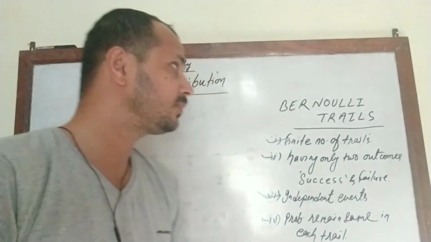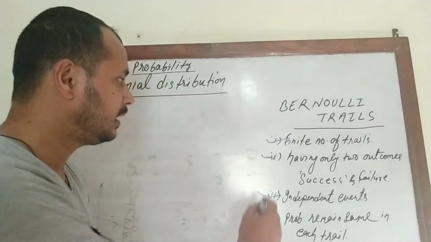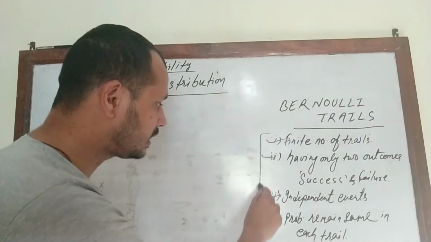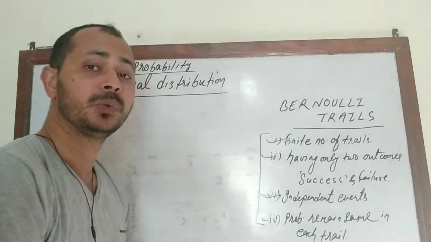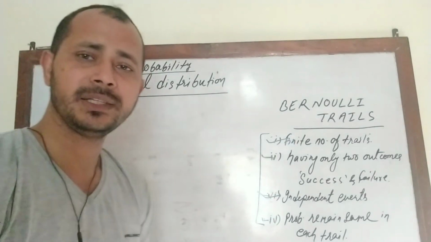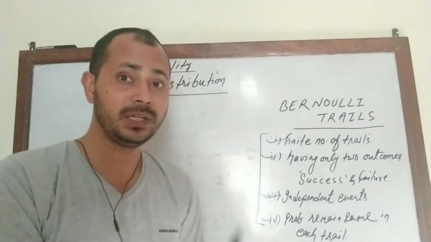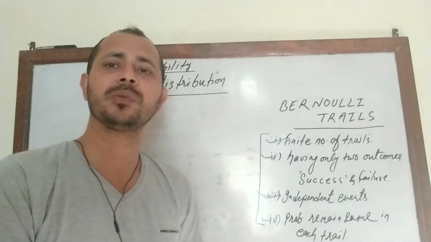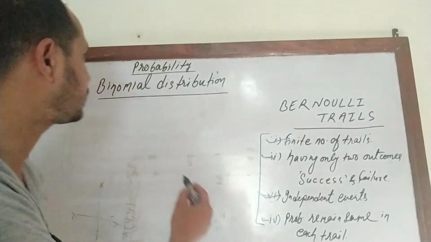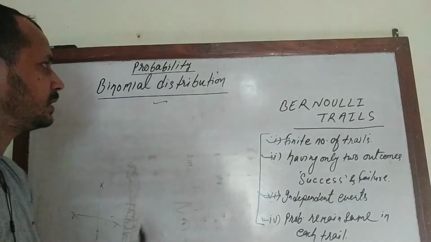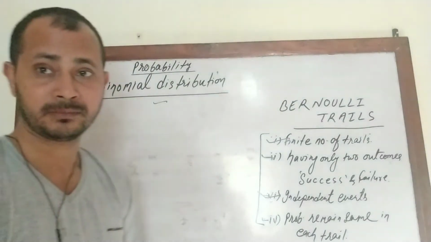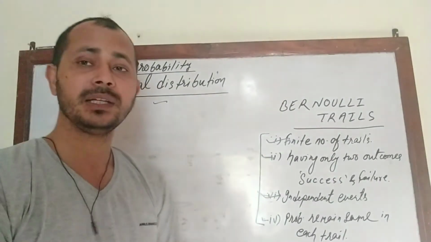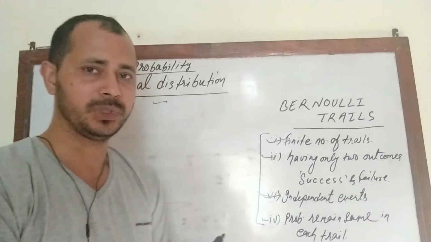In this way, if a trial satisfies these four conditions, then we can be sure the trial is a Bernoulli trial. So if the trial is a Bernoulli trial, then to solve problems related to probability, we can use the concept of binomial distribution, because the discrete distribution related to Bernoulli trials is in fact the binomial distribution.